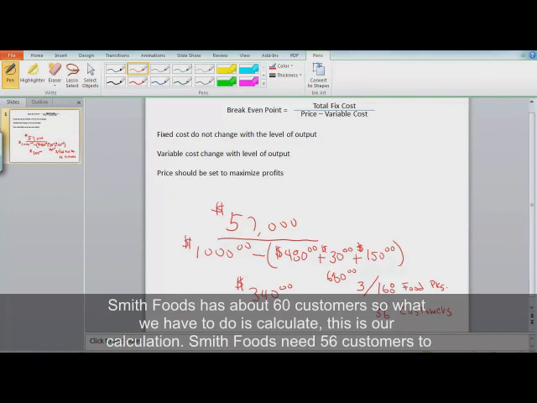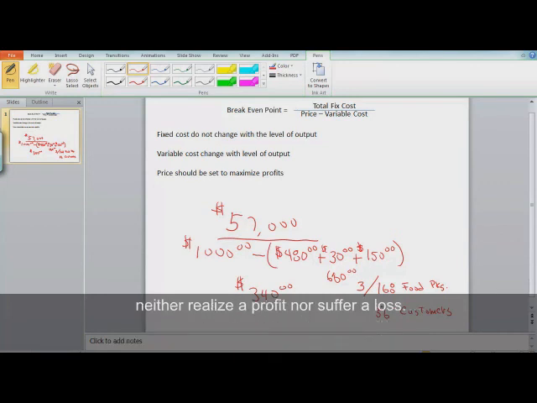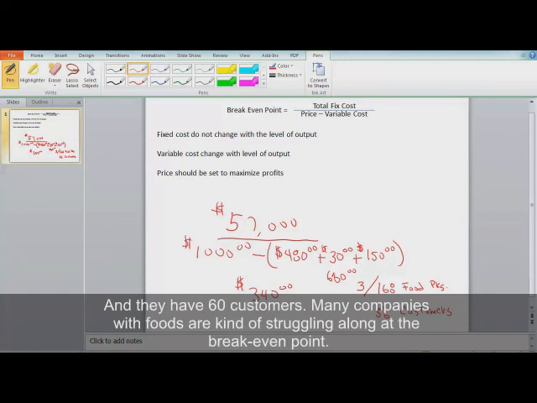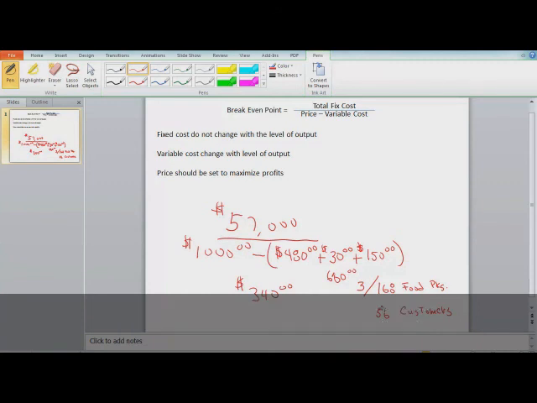So Smith Foods needs 56 customers to neither realize a profit nor suffer a loss, and they have 60 customers. Like many companies, Smith Foods is kind of struggling along at the break-even point.